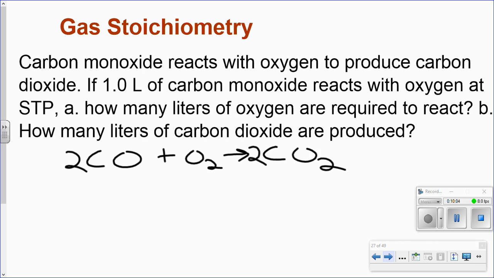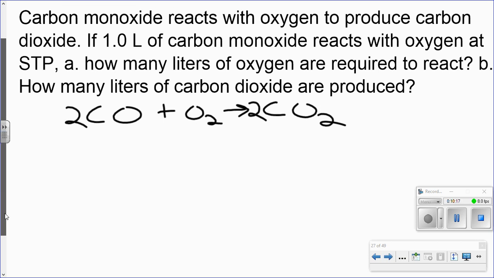Okay, if 1 liter of carbon monoxide reacts with oxygen at STP, how many liters of oxygen are required to react? So if I have liters of CO, I could use a mole ratio here.